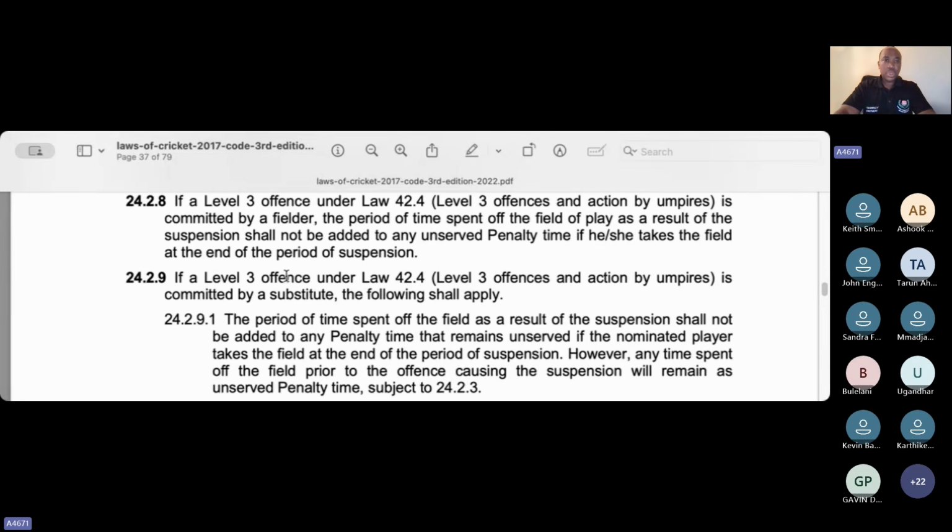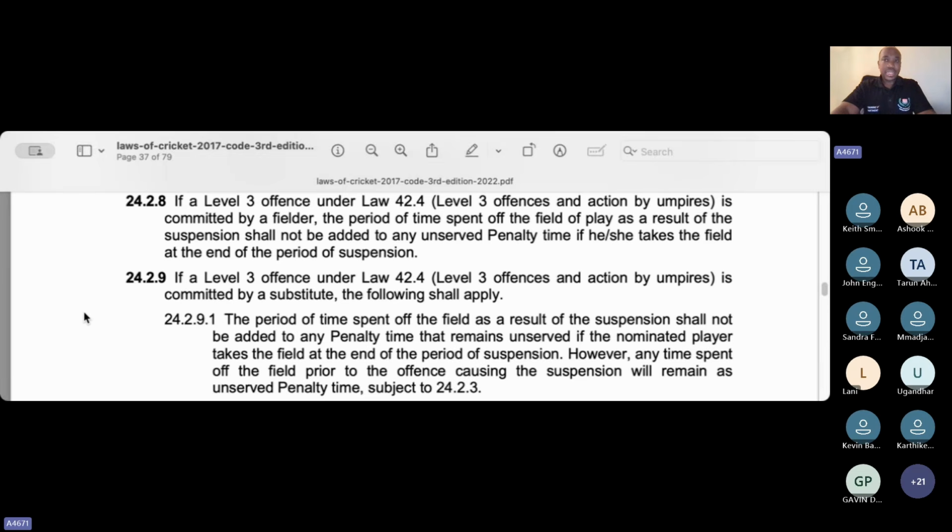Okay, so law says that the period of time spent off the field of play as a result of suspension shall not be added to any unserved penalty time if he or she takes the field at the end of the period of suspension. So we will not add 44 minutes to the time that that fielder needs to be on the field before he or she can bowl again.